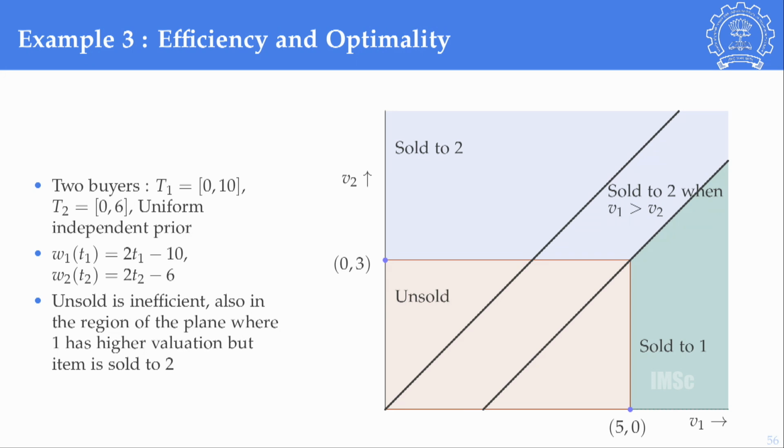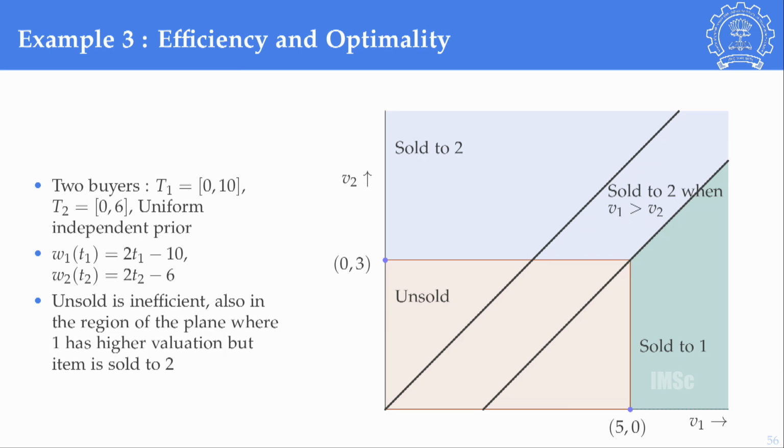If you do this calculation, it is a very similar thing. You have two different agents, agent 1 having valuations between 0 to 10, the other having valuations between 0 to 6, and both are uniform distributions and independent. So you can calculate W1 T1 and W2 T2. You will never sell the item if both of these are negative.